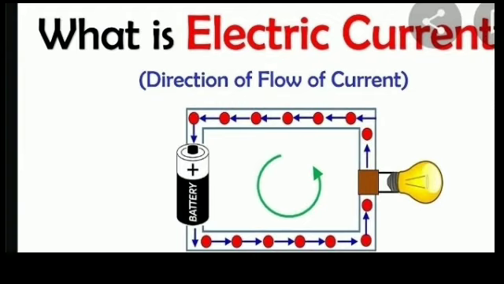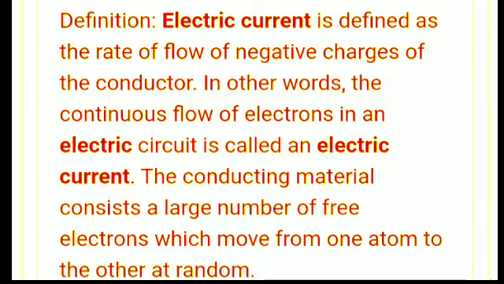What exactly is electric current? Electric current is defined as the rate of flow of negative charge through a conductor, or in other words, the continuous flow of electrons in an electric circuit is called electric current.